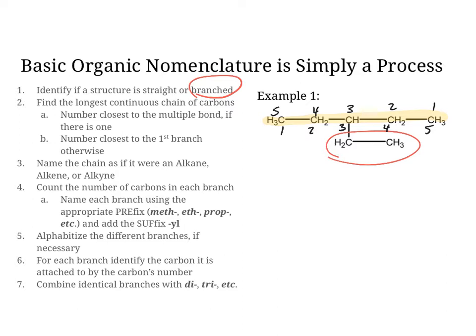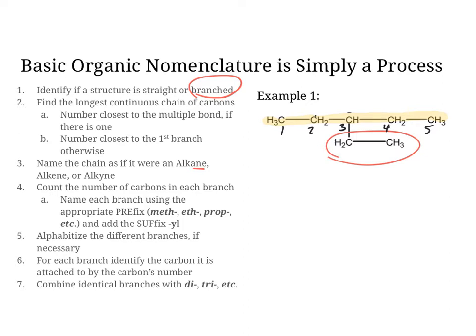Because I'm right-handed and because I read left to right, that's how I'm going to number this chain. It actually doesn't matter. You can number it the other way if you feel like it, but that's fine. So the next thing I'm going to do is name the chain as if it were an alkane, an alkene, or an alkyne. And because this has all single bonds in the parent chain, it's going to be an alkane.